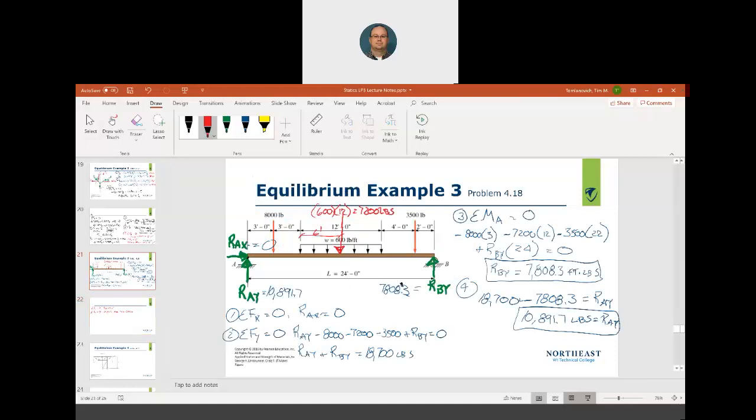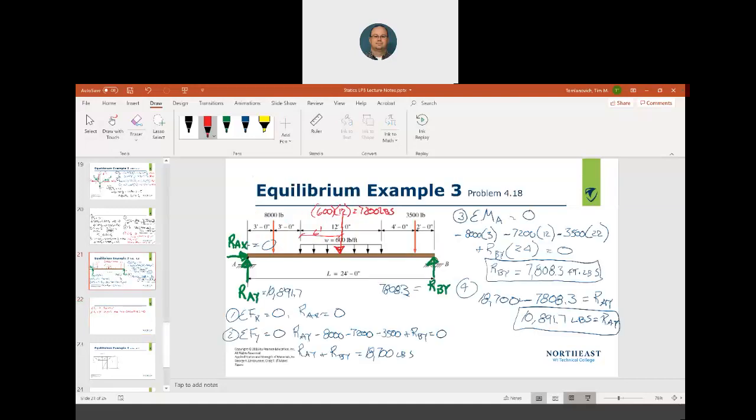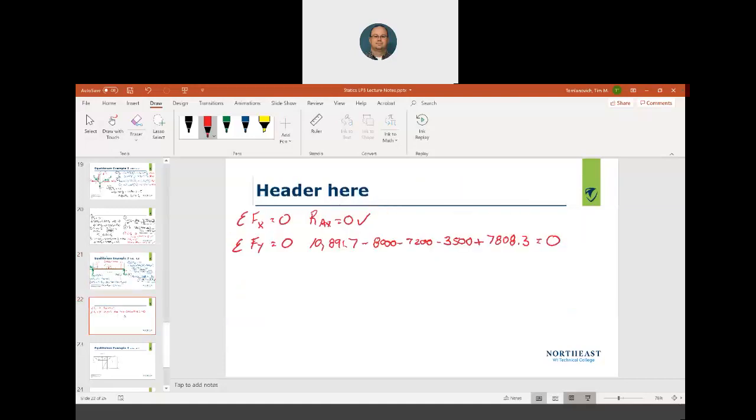Which was 7,808.3 pounds. That has to equal 0, or approximately 0, depending on the rounding. 10,891.7 minus 8,000 minus 7,200 minus 3,500 plus 7,808.3.